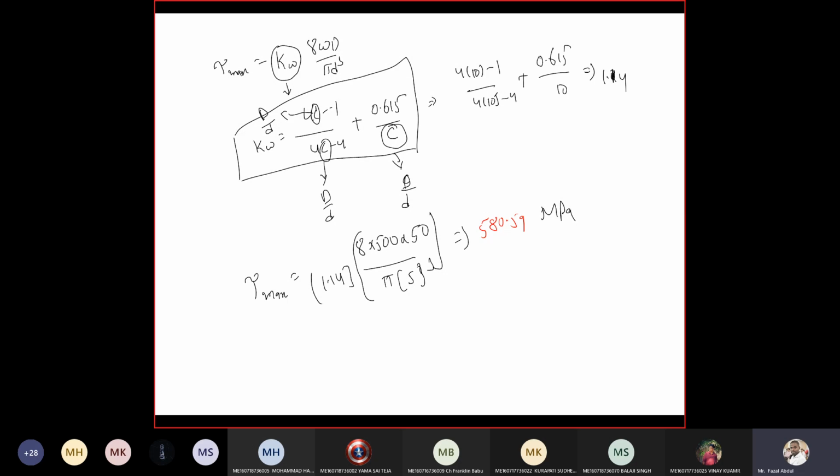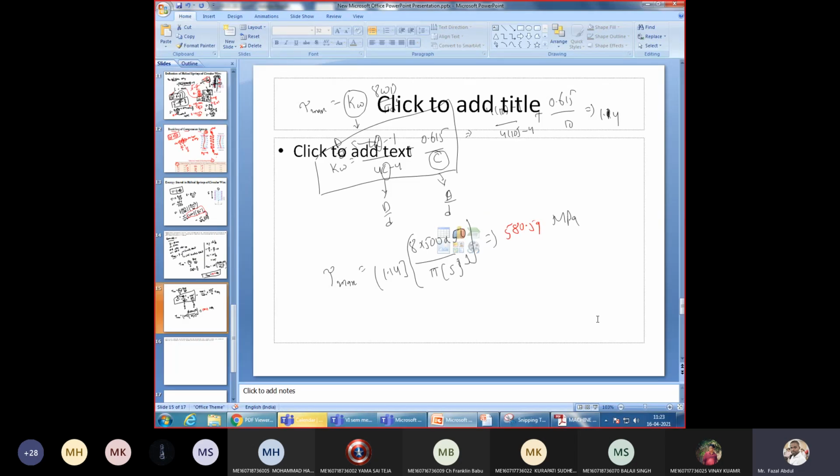Roll number 56, very good. 580.5, not 5805. Recheck again.